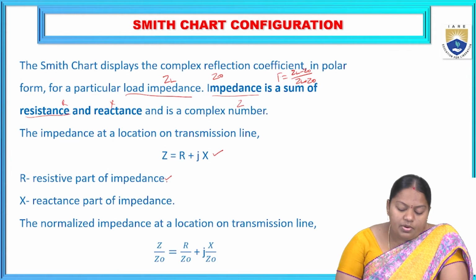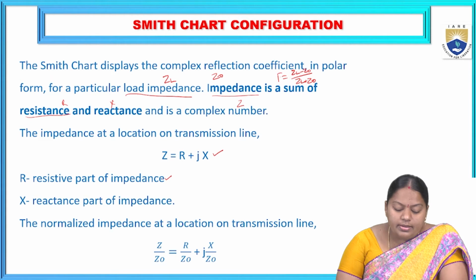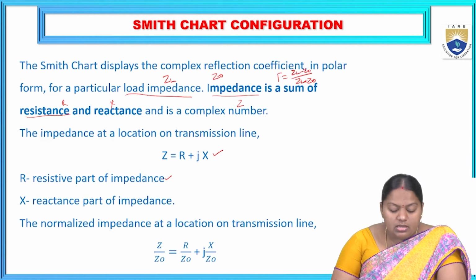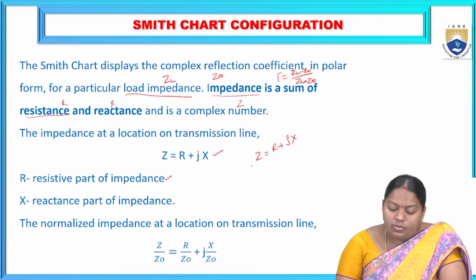Right? And from this, we are going to calculate the normalized impedance. Consider the equation Z = R + jX, and divide both sides by Z0. Z0 is the notation for the characteristic impedance.